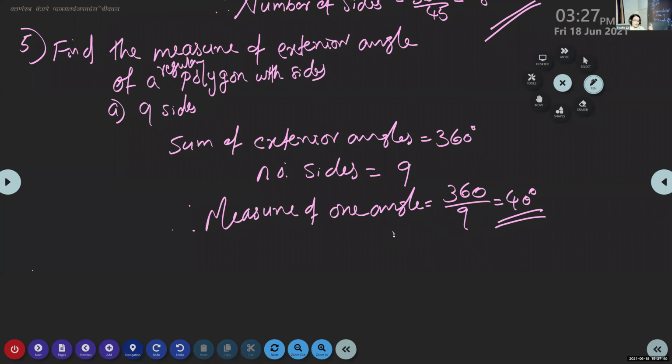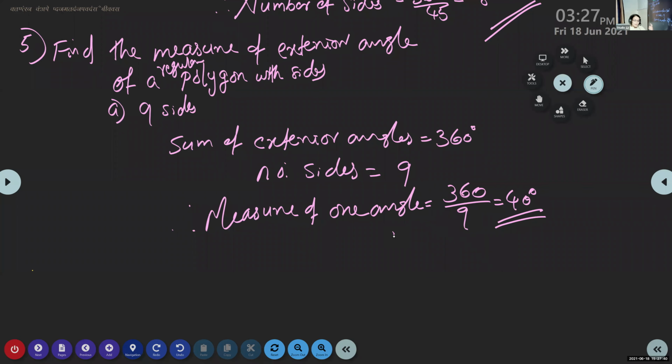Number of sides. See here, 360 is the total measure of exterior angles. Divided by 40 is 9, which is the number of sides. So 360 divided by the measure of one angle will give the number of sides.